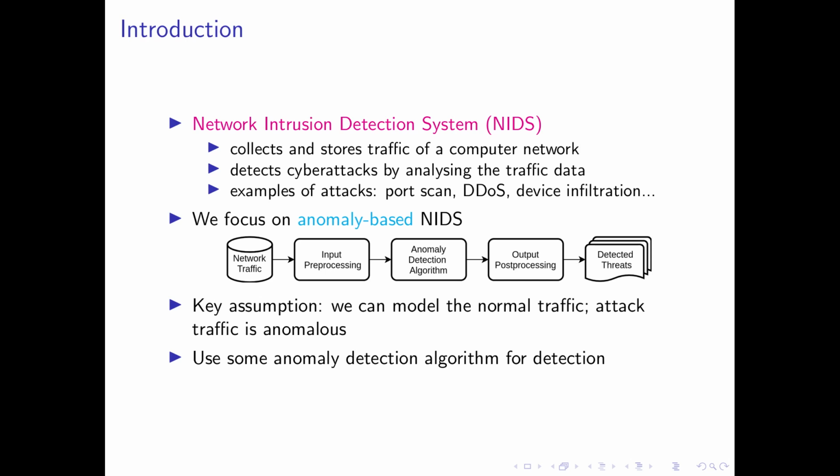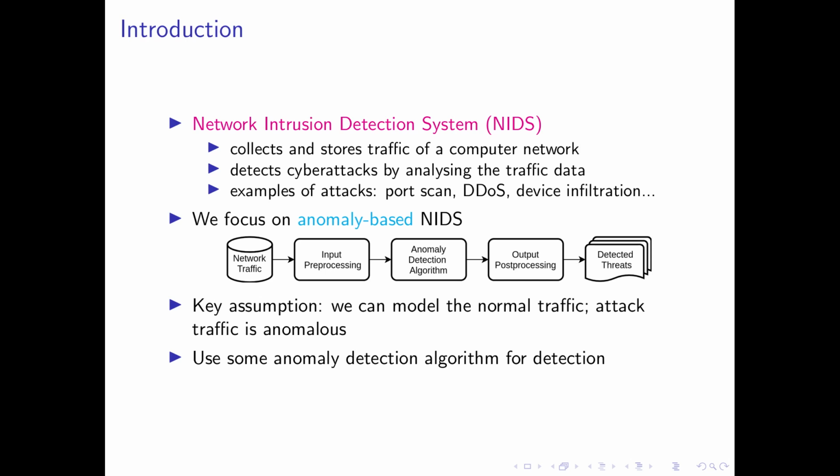The way it works, it collects and stores network traffic, and then it applies some techniques to analyze the traffic data and find possible traces of attacks. Examples of attacks include port scans, denial of service attacks, device infiltration, and such.